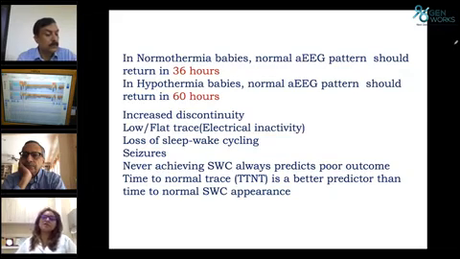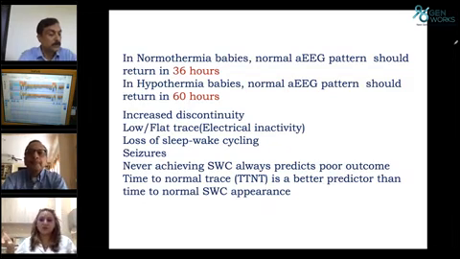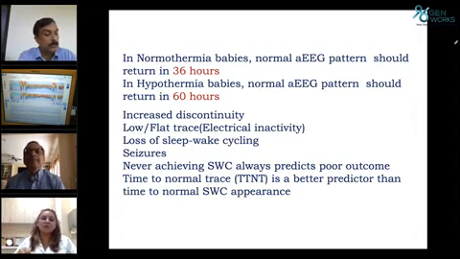But if the baby is cooled, the cooling itself is a state that will suppress the EEG pattern. So it is not only that the baby is not okay, but cooling itself has that effect.